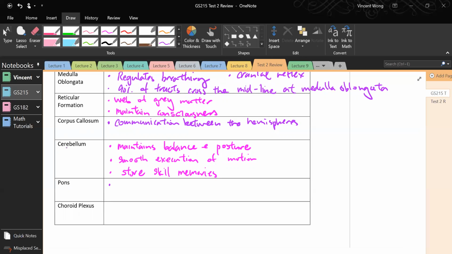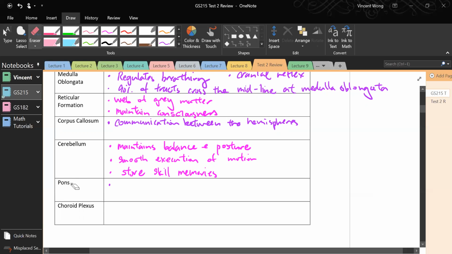If this was a test question, what structure is located behind the pons and in front of the cerebellum? If you're thinking about the fourth ventricle, then you will be correct. The fourth ventricle is located between the pons and the cerebellum.